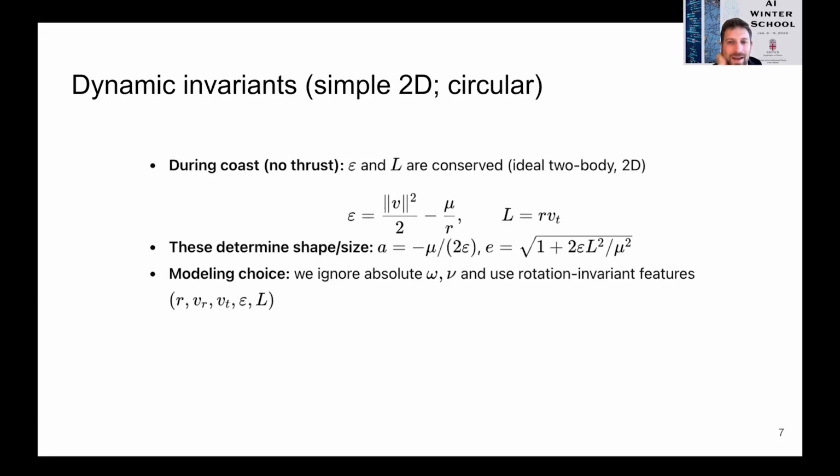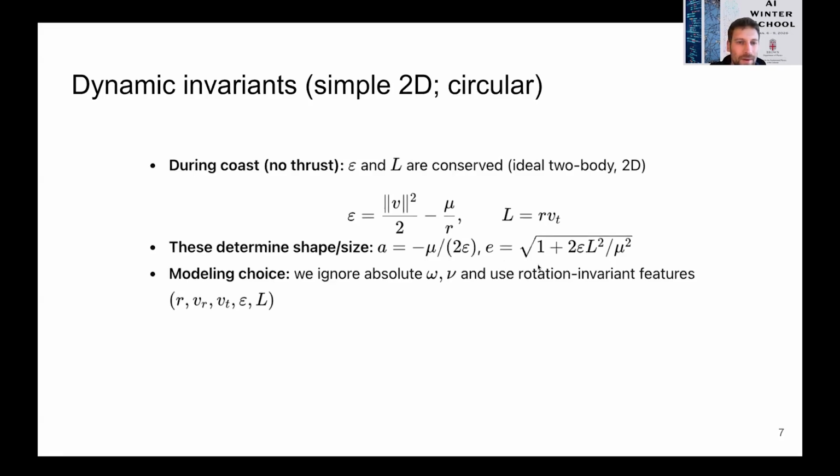And the energy parameter, again, here can be rewritten as just a function of the magnitude of the velocity, the radius, and mu, the gravitational parameter, and then angular momentum is, of course, just a function of radius and tangential velocity.